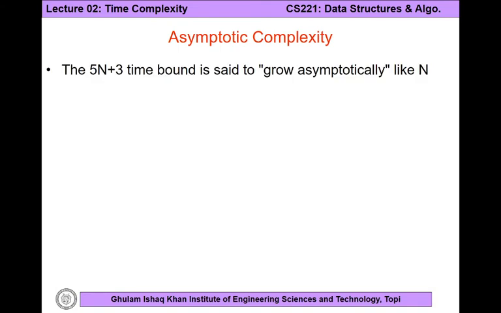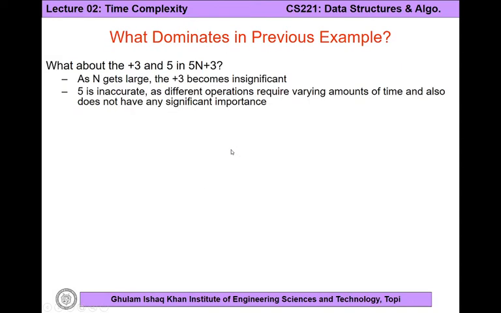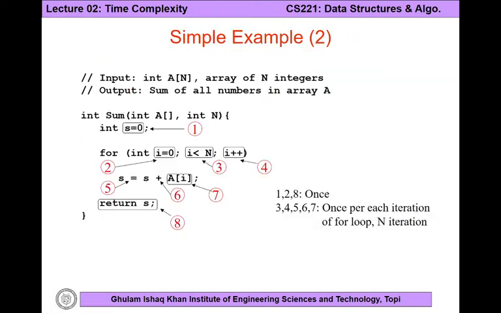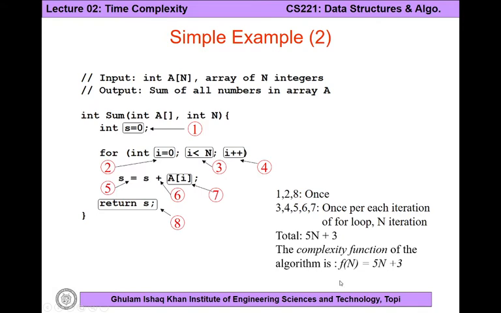Now the f of 5n plus 3 time bound is said to grow asymptotically like n, right? When we compute this complexity function and draw its graph, we saw that it is linear, right?